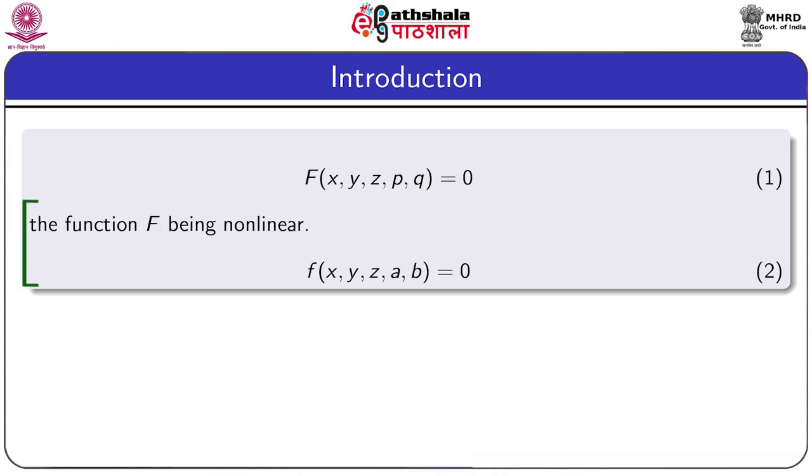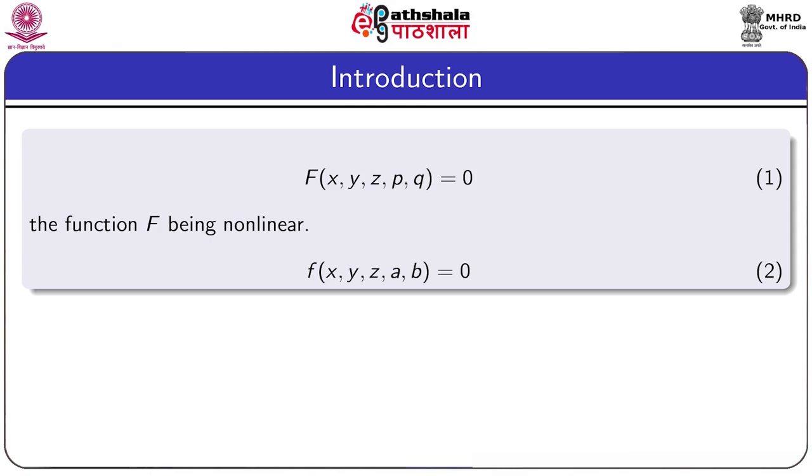And we have already seen that if we start with a function which is written in equation 2 and which involves two arbitrary constants a and b, one can derive a first order partial differential equation which is written in equation number 1.